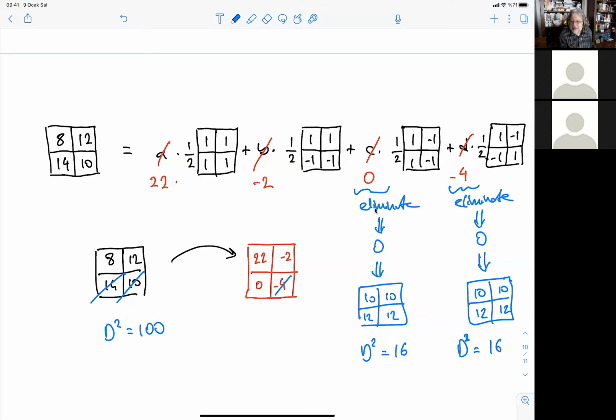I couldn't evaluate. 196. Well, 196. So the square distortion will be 196 plus 100, because it must eliminate 10 and 14 altogether, which will be 296 altogether. So compare these two now.